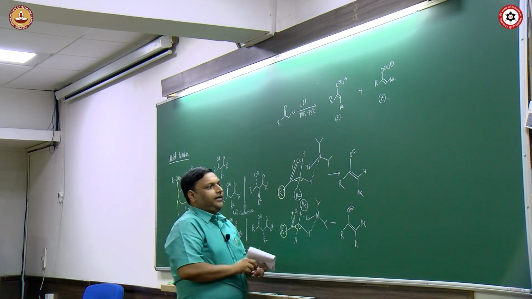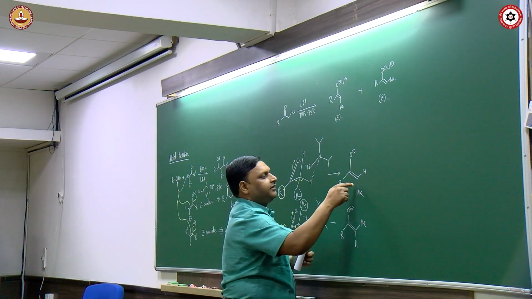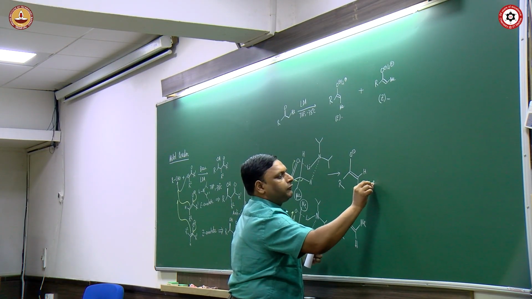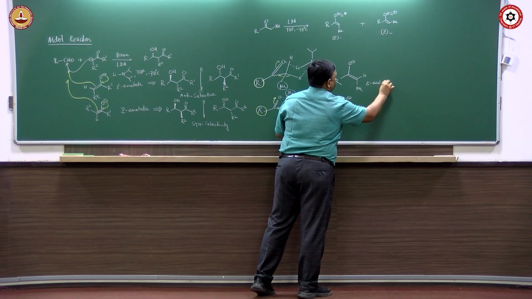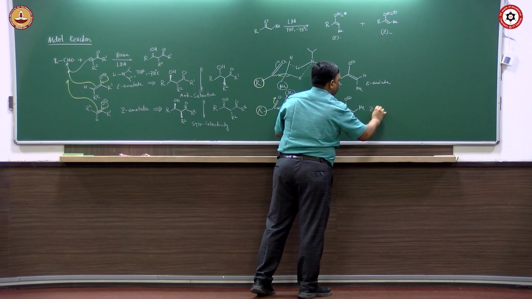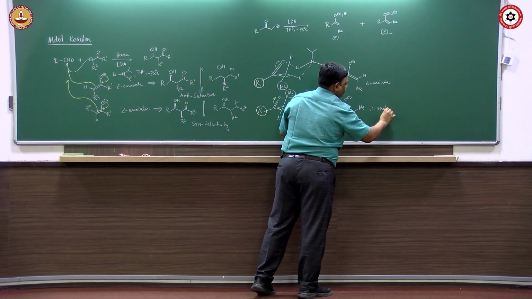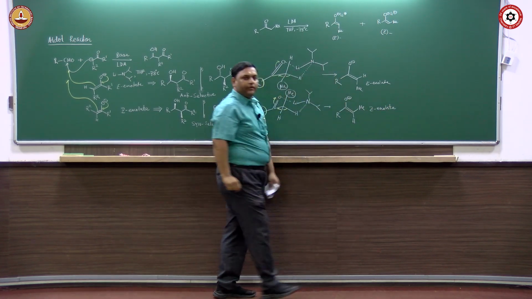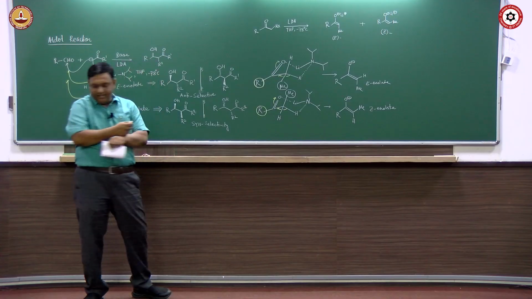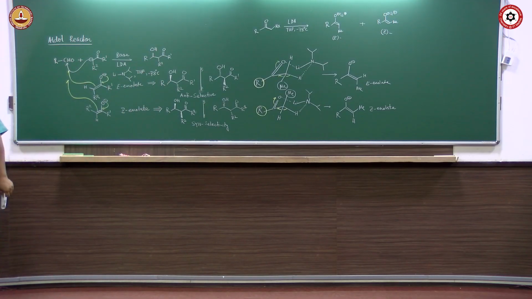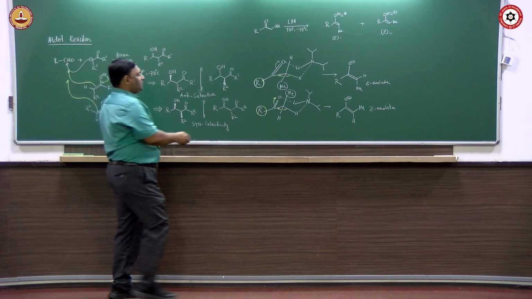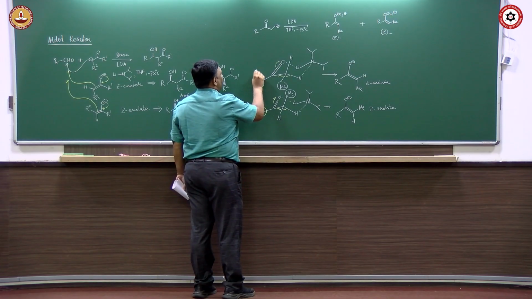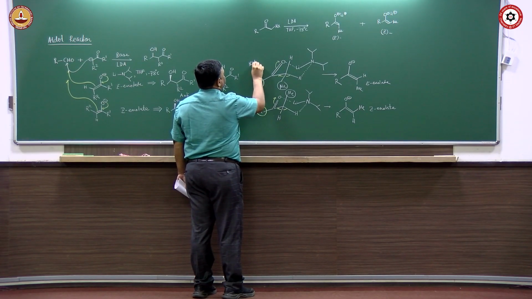So, if you look at that, this is my E enolate and this is my Z enolate. Okay. Now, the question is which one is going to be formed? That depends on the nature of R.